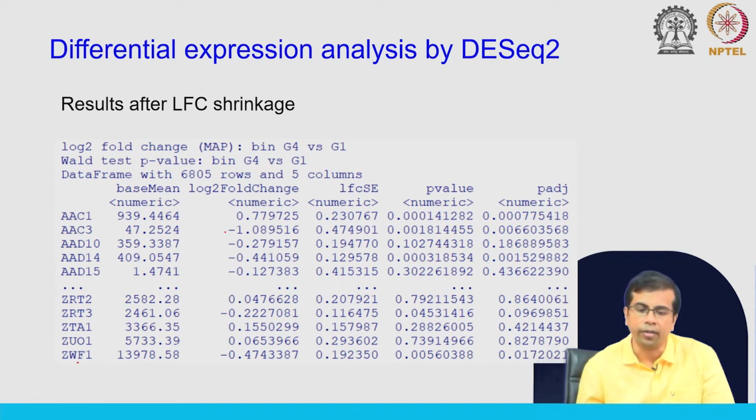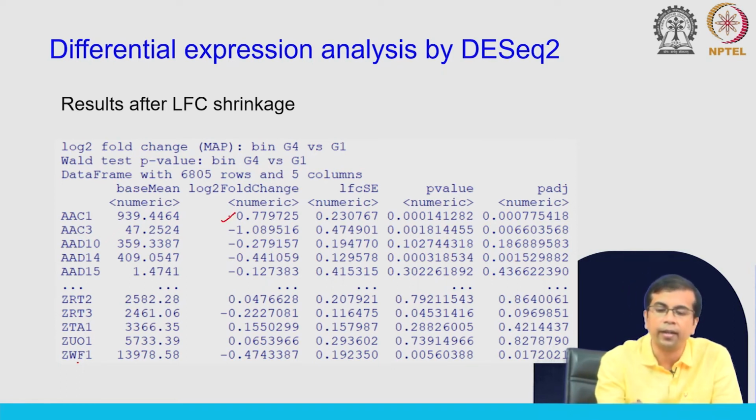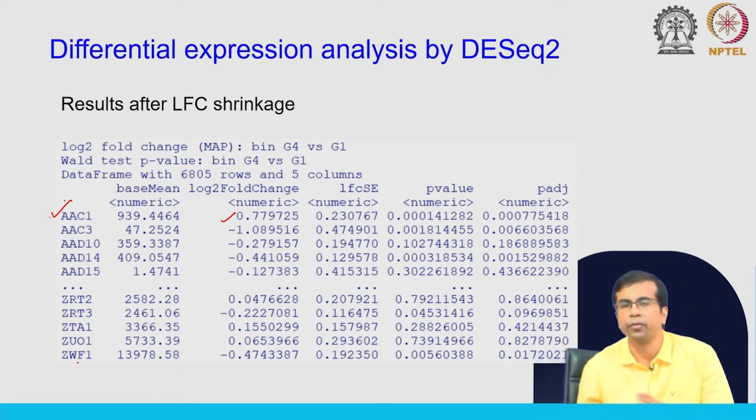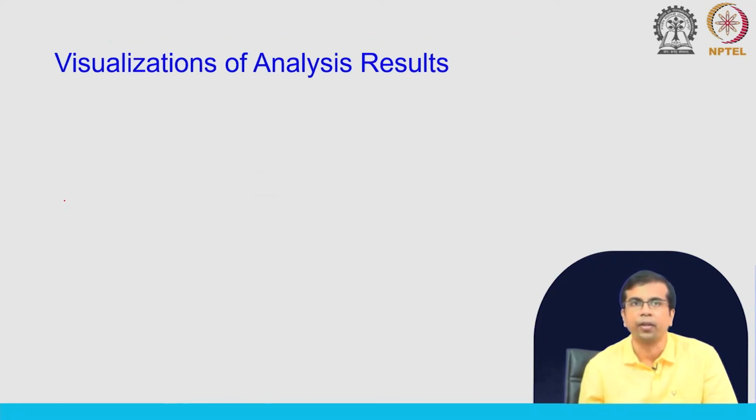You can see these numbers have changed slightly because of LFC shrinkage. For example, for ASC1 it was 0.86 before LFC shrinkage, and here it is 0.78. These numbers will change a little depending on the number of replicates present in the data and its mean expression.